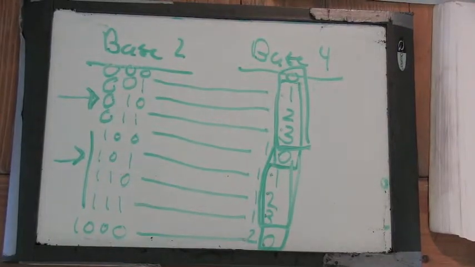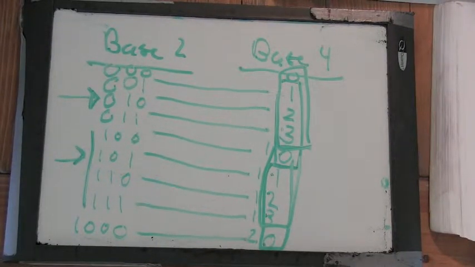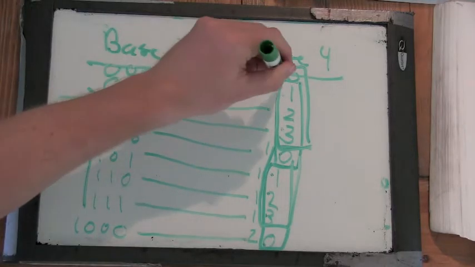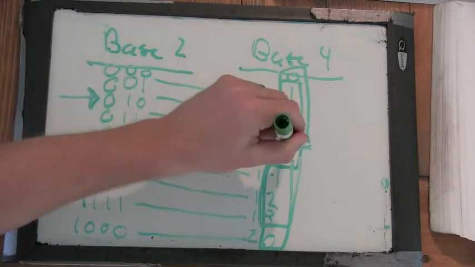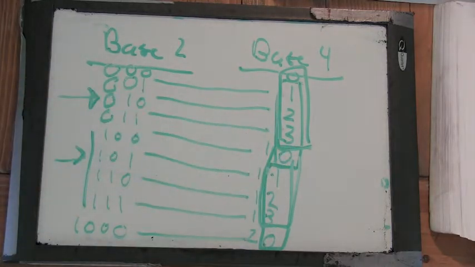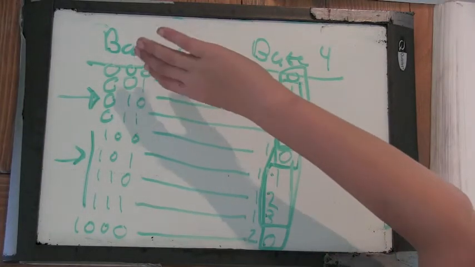Okay, so we've seen a couple patterns that repeat every 4, and we're going to try to connect them. We're going to see if you can see where these last digits 0, 1, 2, 3, 0, 1, 2, 3 come from. Well, I don't think it comes from the number of ones.